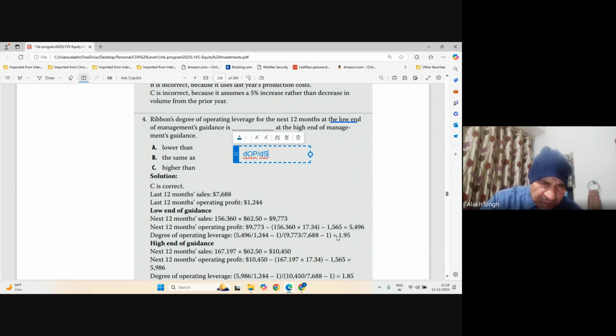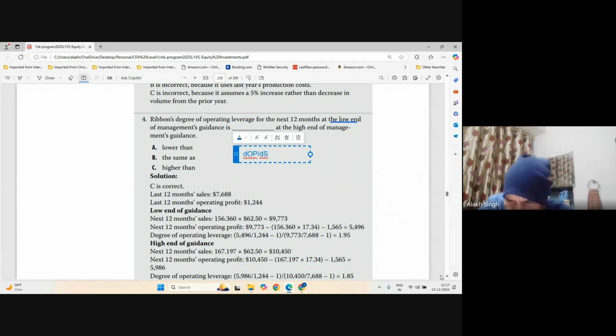Means we will have to calculate at high end guidance. This part will remain the same, 7688 and 1244. So this becomes 12 month, 167. So this is the net sales. So net sales, this divided by 7688 and 59, so 1.85.